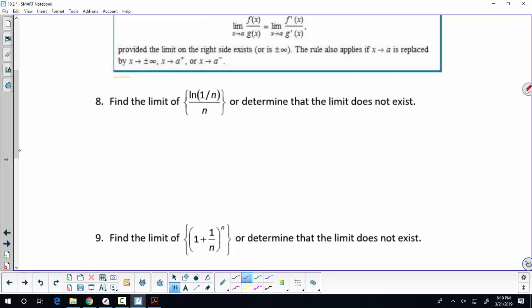So find the limit of ln of 1 over n, over n. That's what we're computing: the limit as n goes to infinity on that sequence.